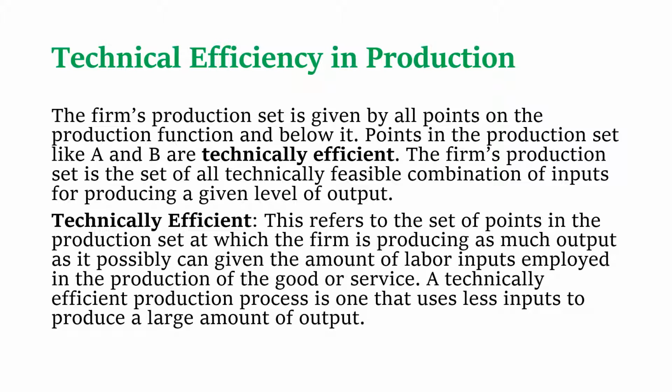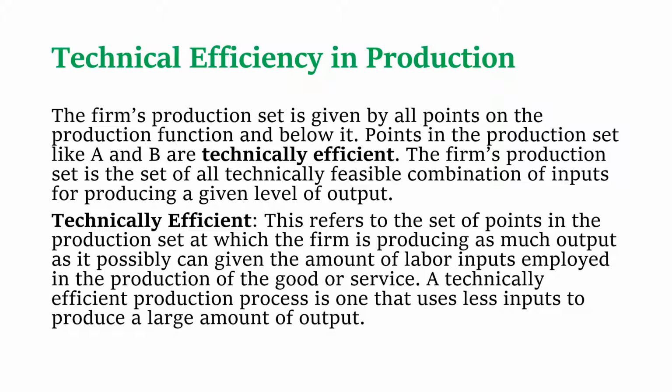This refers to the set of points in the production set at which the farm is producing as much output as it possibly can, given the amount of labor inputs employed in the production of the good or service. A technically efficient production process is one that uses fewer inputs to produce a large amount of output.